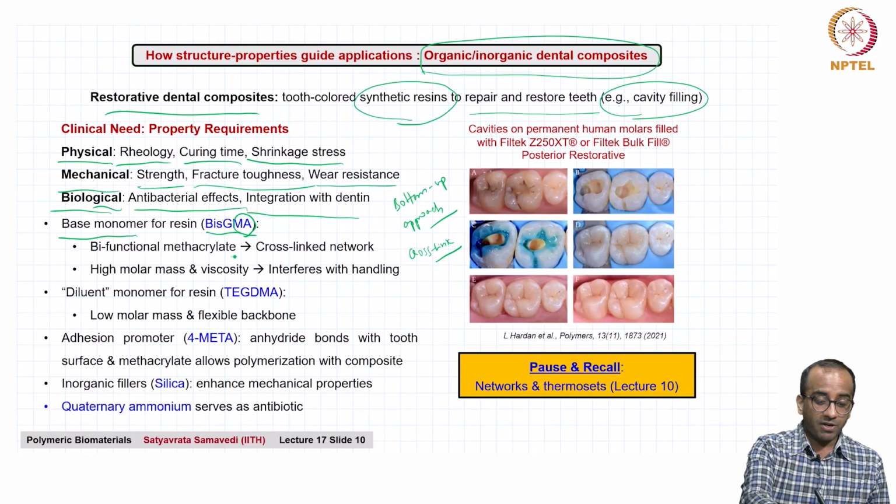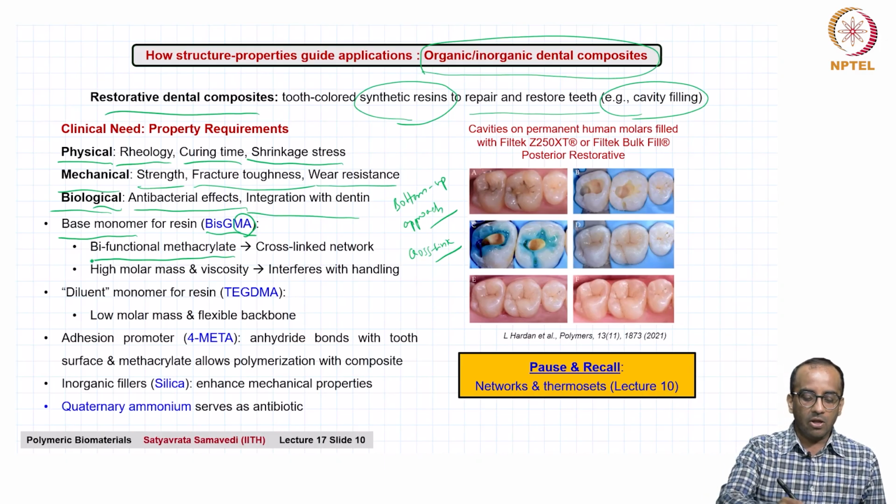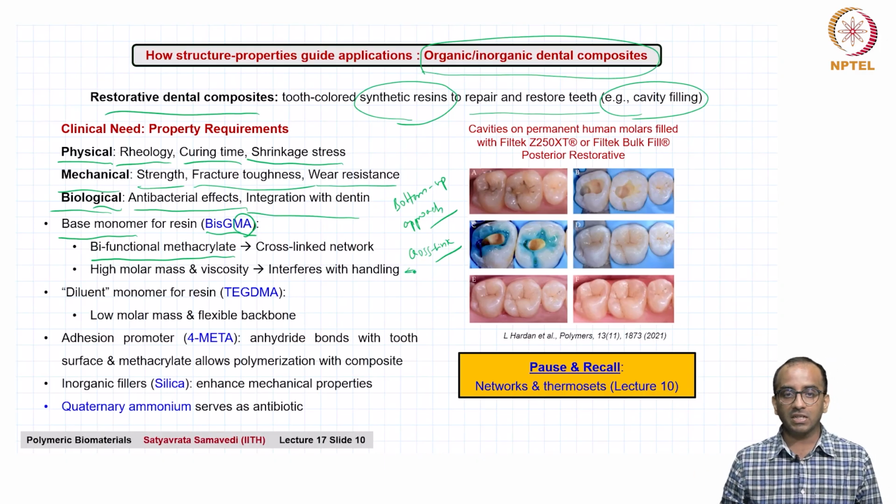It's a bifunctional methacrylate with very high molar mass, very high viscosity, and very good mechanical properties. But the limitation is that because it has very high viscosity, typically when fillers are added, they don't distribute uniformly throughout the matrix, and the high viscosity also makes it hard to work with the material.